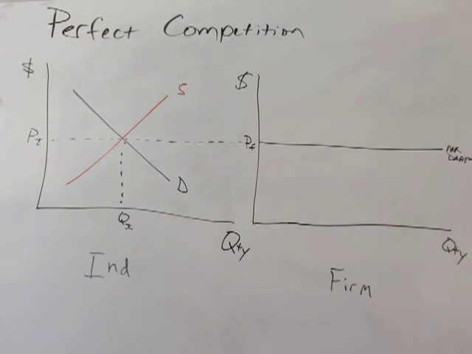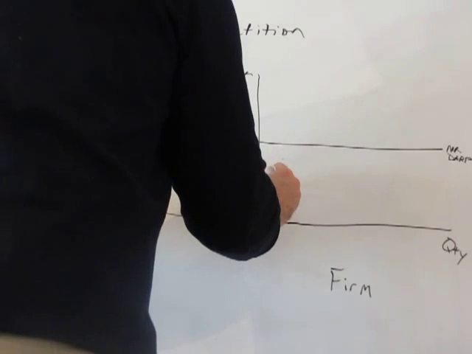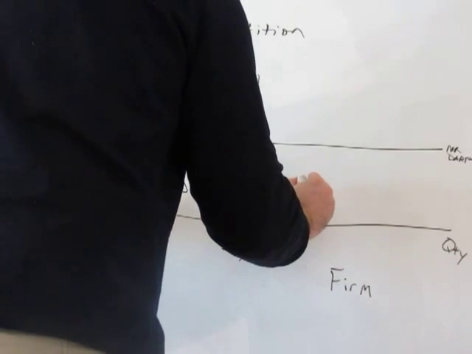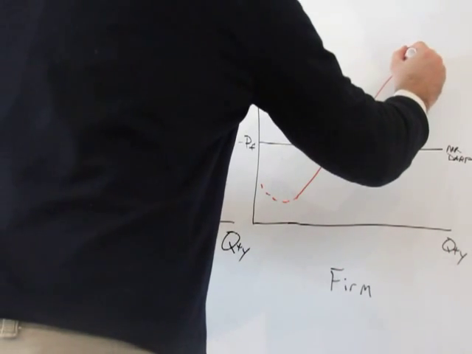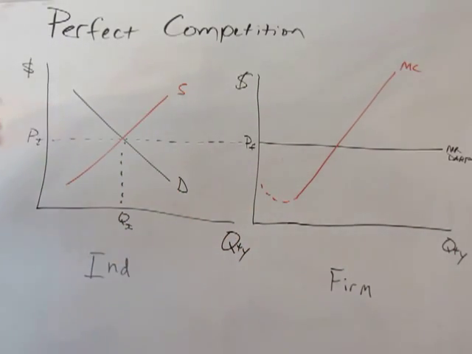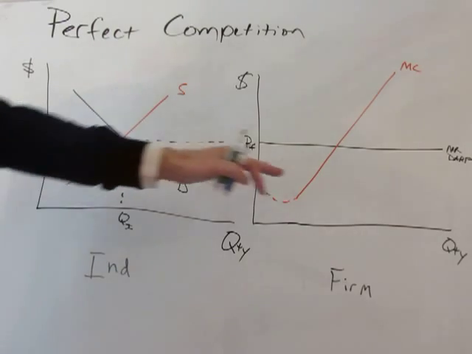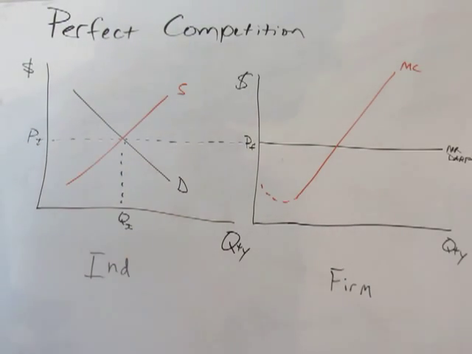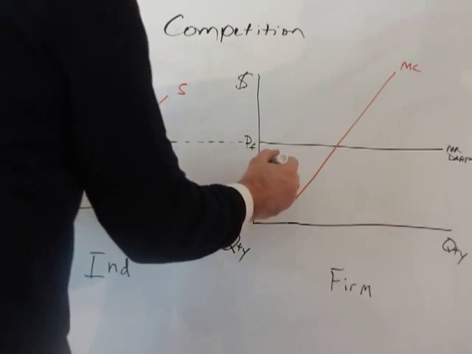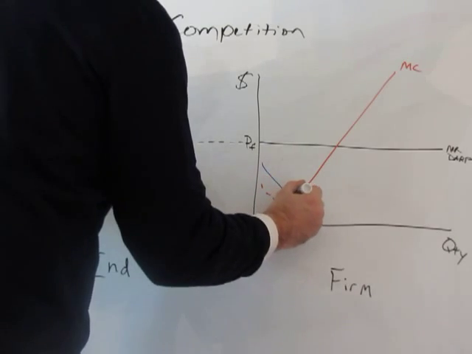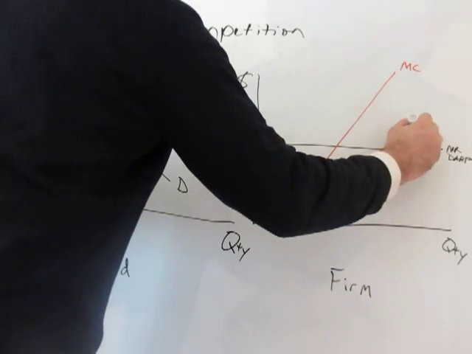Right? And since this is a perfectly competitive firm, they also have a marginal cost curve that ends up looking just like the supply curve for the industry, because the industry supply curve is basically the same as each individual firm's curve. It's just multiplied by the number of firms in the industry. And then we have two other curves we have to put on here. We have our AVC curve.